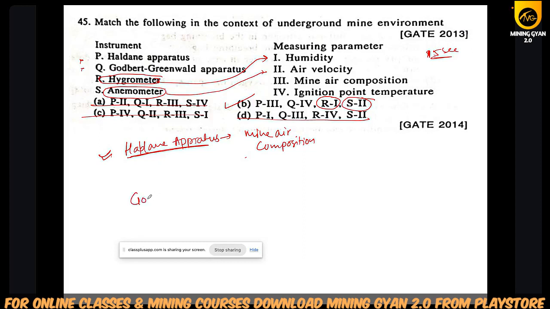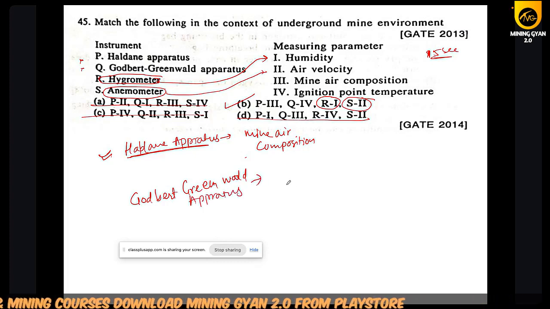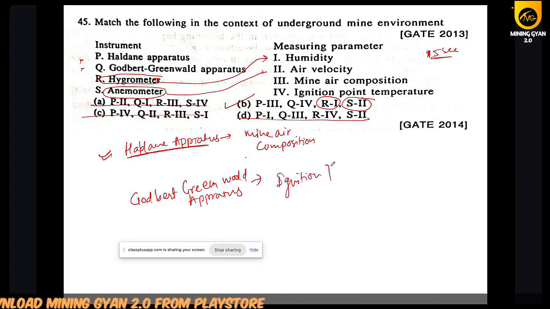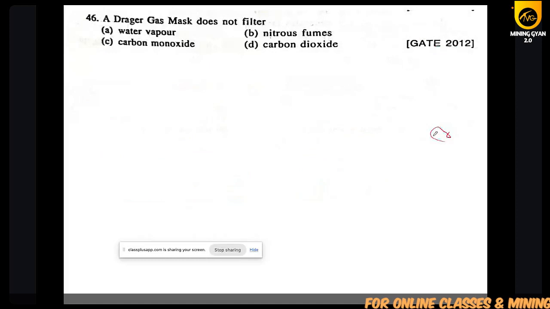And what is the Gold Bird Green Wald apparatus? It is for ignition point temperature. If you prepare this type, especially GATE examination questions and CIL questions, then it will be helpful for you.